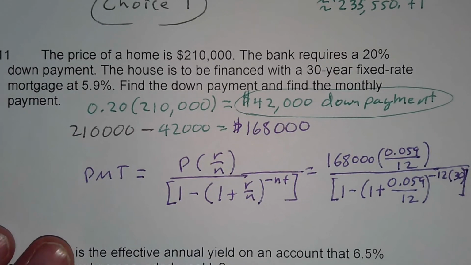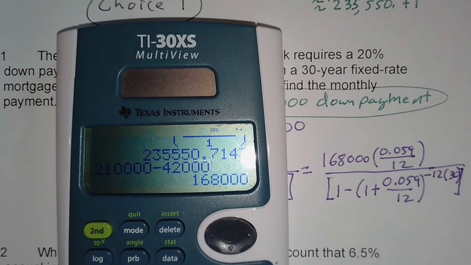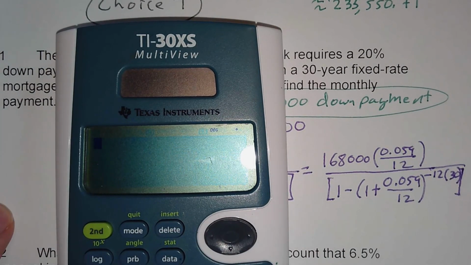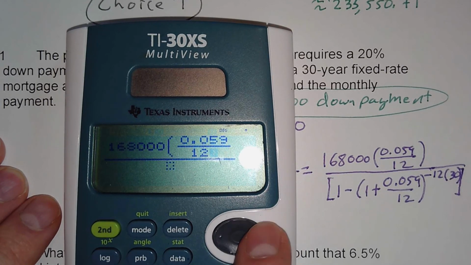Right, so now we're going to put that bugger in the calculator. Make sure you're using subtraction there.